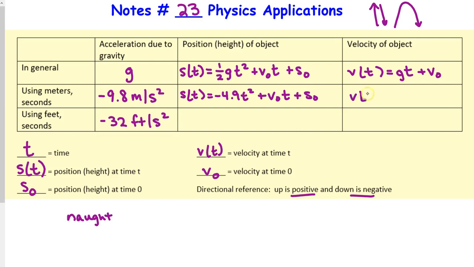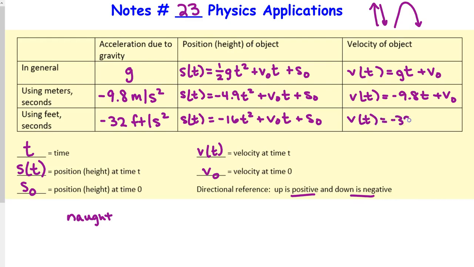And then the velocity at time t is going to be negative 9.8 t plus v naught. And if you're working in feet instead of meters, then the position is going to be S of t equals negative 16 t squared plus v naught t plus s naught. And the velocity, v of t, is negative 32 t plus v naught.